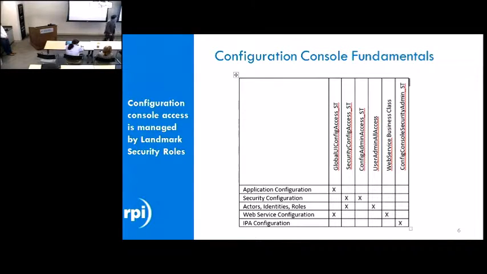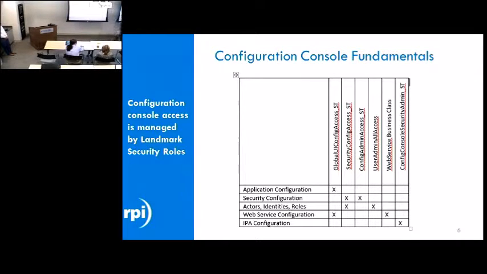Access to the console is determined by Lawson delivered roles. Just to note, anything with an _ST, underscore standard role, is a role that Lawson delivers for you. This one is too, even though it doesn't have ST. For the different kinds of configurations, you need to have different roles.